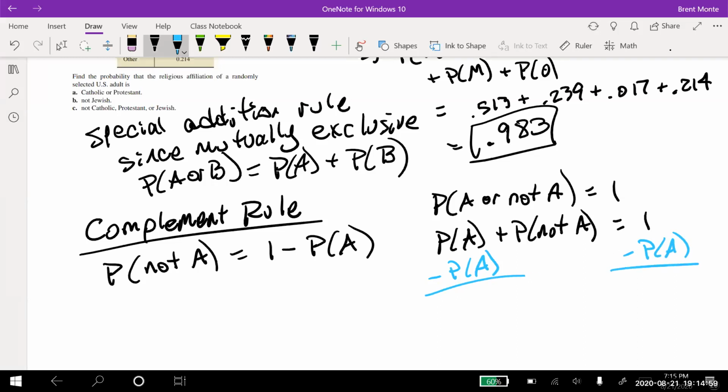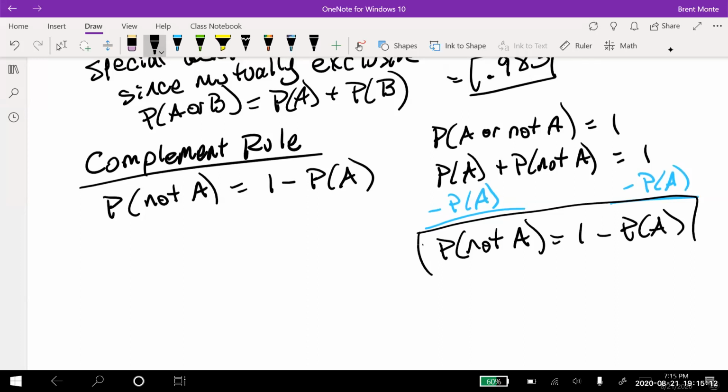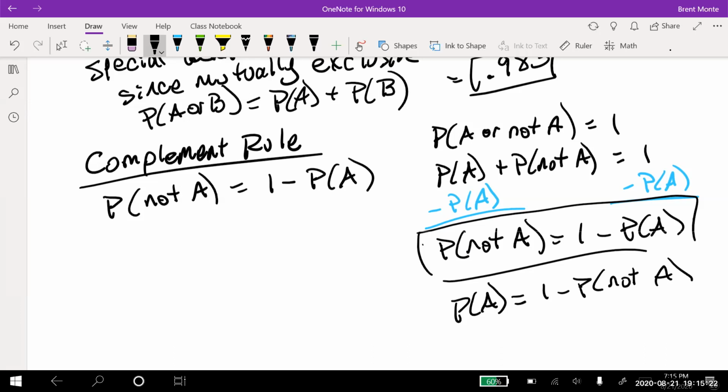I'm going to get the probability that it's not A is 1 minus probability that it is A. And you could subtract the other way, so that's the formula. Or if I subtracted probability of not A, I could say, oh, the probability that it's A is 1 minus the probability that it's not A. So I can use that either way. We'll just kind of box that as well.